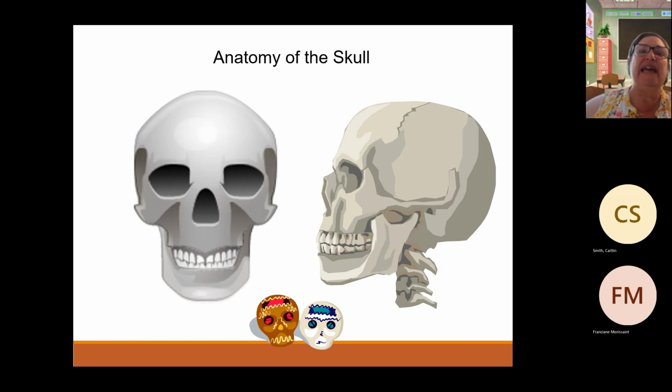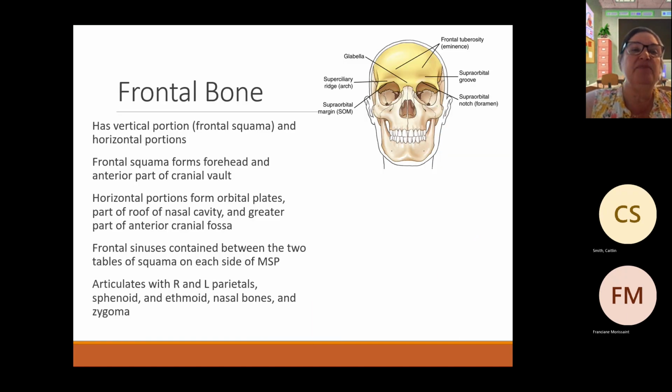So let's go in and look more at the anatomy. First we'll start with the frontal bone, and it has a vertical portion and a horizontal portion. The frontal squama forms the forehead and the anterior part of the cranial vault. The horizontal portion forms the orbital plates.